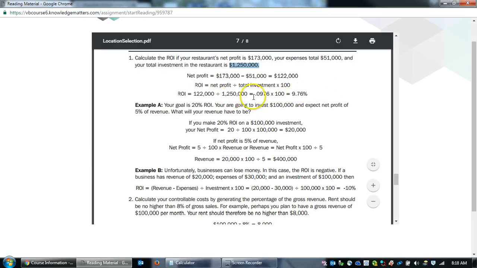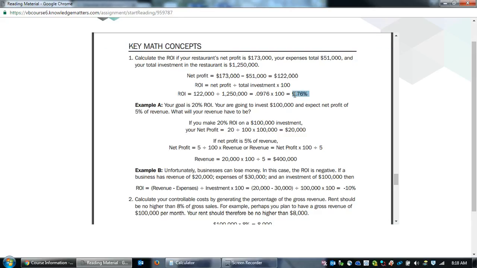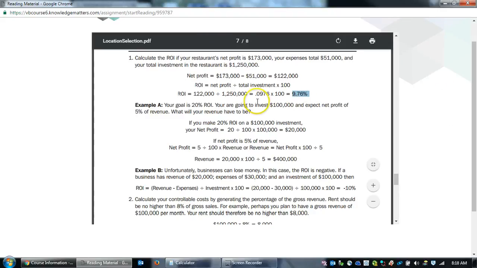So this divided by that will equal a number. Then you multiply by 100, which gives you 9.76. That's what they're saying: if I dumped in $1,250,000 into the business, what I should make on top of what I invested will be 9.76%.